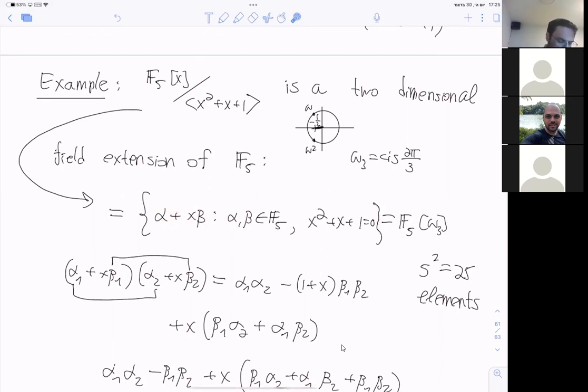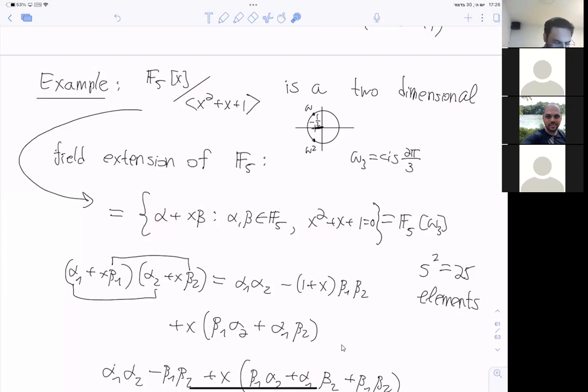Even if we multiply such an element with another such, we cannot exceed degree 1, because once we get to x squared, we interchange it to -1 minus x. So all elements are in this form.